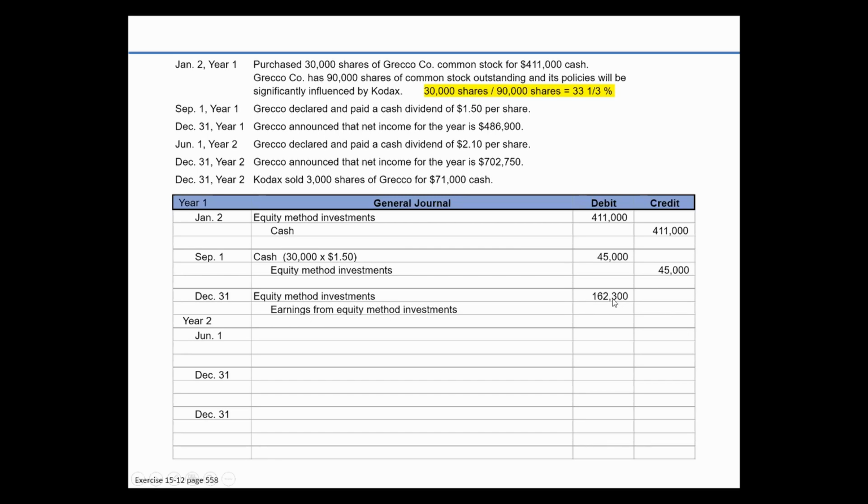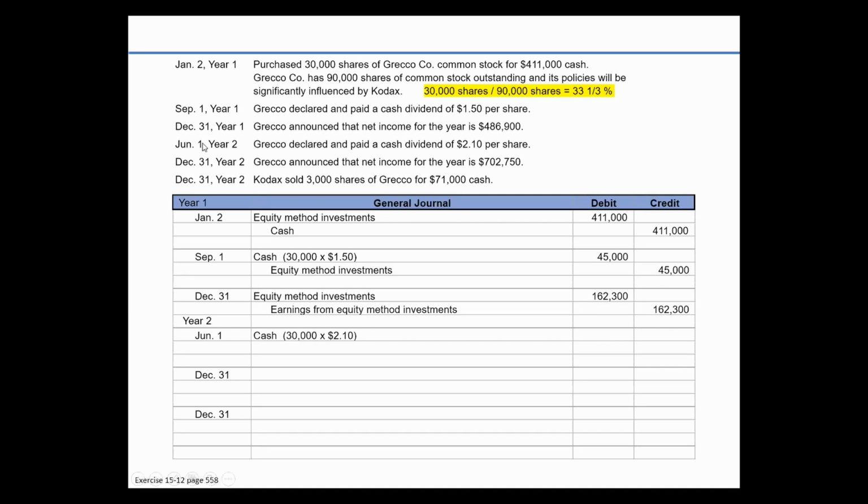And that would be their portion, 33 1/3 of the net income that Greco had. So they would record a debit for that, and then a credit for the earnings from equity method investments for $162,300.